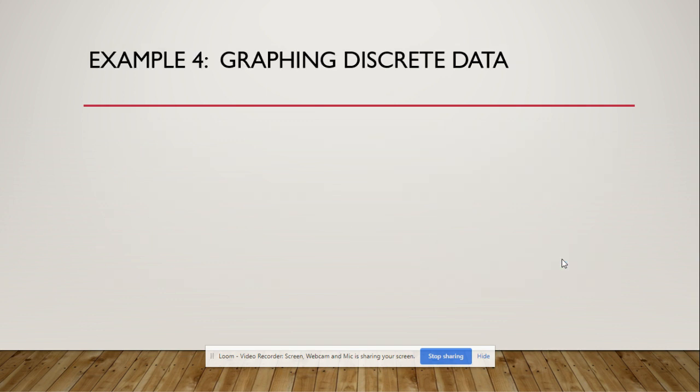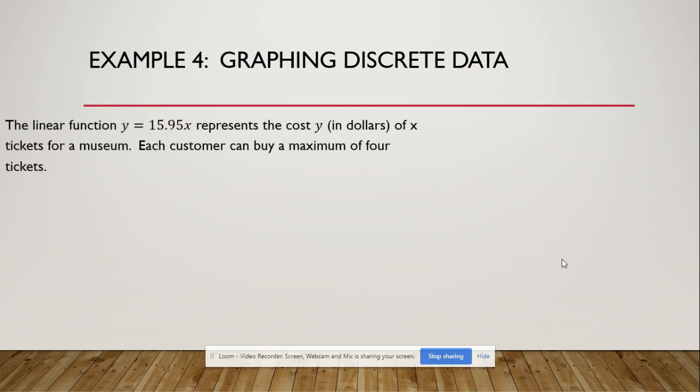All right, so let's look at how we graph discrete data functions. Okay, so we got this linear function, y is equal to 15.95x, which is going to represent the cost, y, in dollars, of x tickets to the museum. Each customer can buy a maximum of 4 tickets.